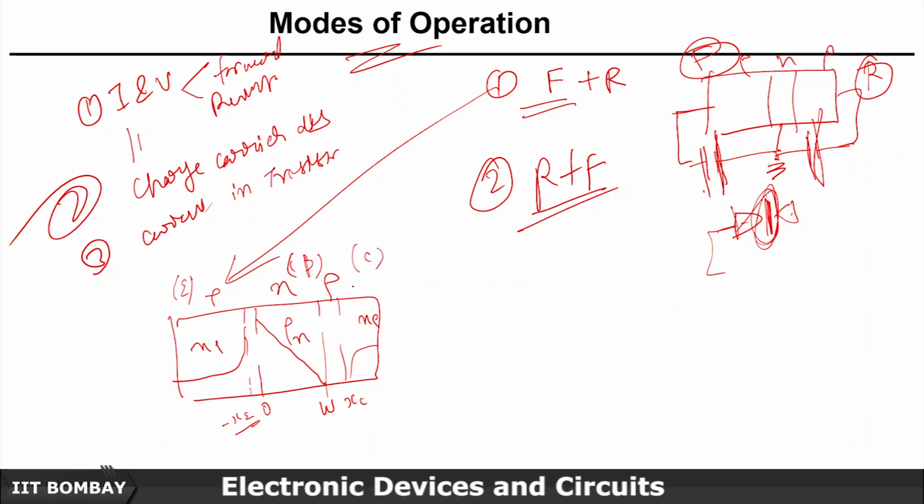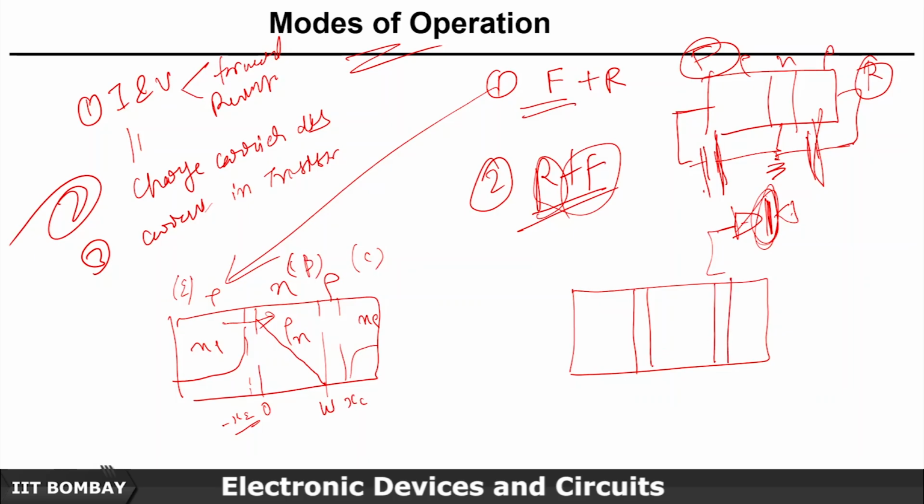Now what will happen in this configuration where we have this reverse plus forward bias combination? So far we have been discussing the forward plus reverse bias combination. So it will be the other way around. Holes were diffusing from here to here because of the forward bias, but in this case it will be the other way around. So it will be something like this. So this is P and P, this is your emitter, this is your base, sorry, this is your collector.